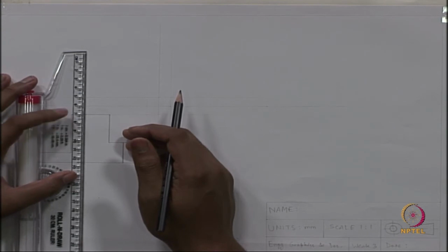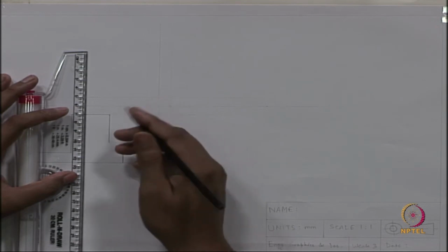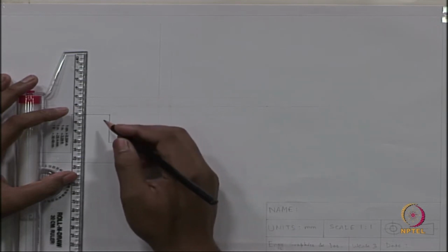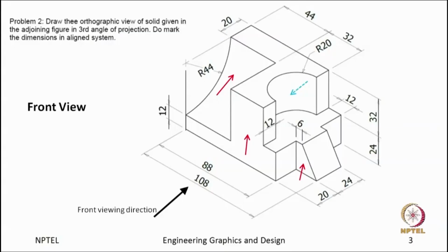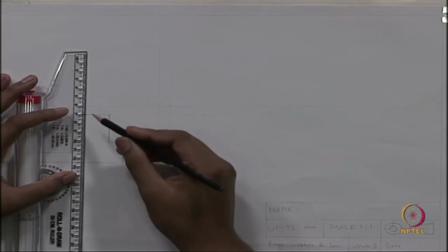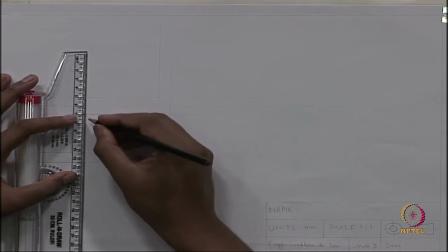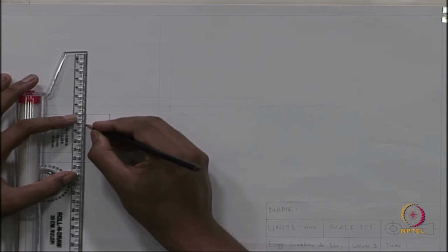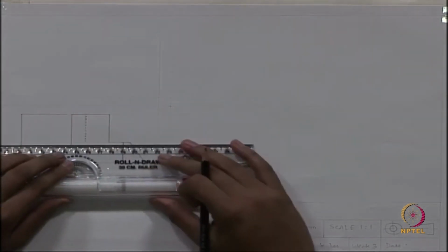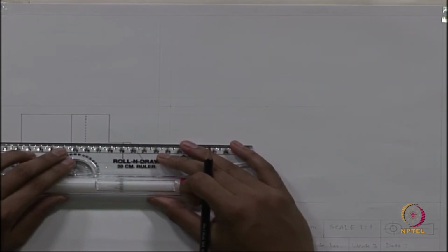And from here, we have to come down by a distance of 32, and this we will draw as a hidden feature, that means a dashed line. We will join this, and this will be also a hidden line.